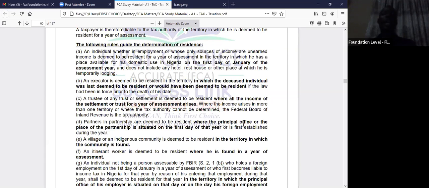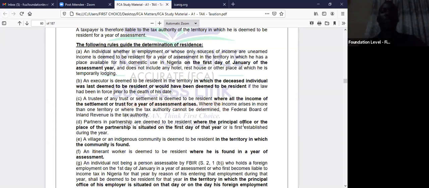All right, an executor. Who is an executor? An executor is someone who executes a will, perhaps a lawyer who writes or who witnesses or attests to a will by a settlor, somebody who created a trust. I have to be using the language of taxation because I will still teach you settlement, trust, and estate.